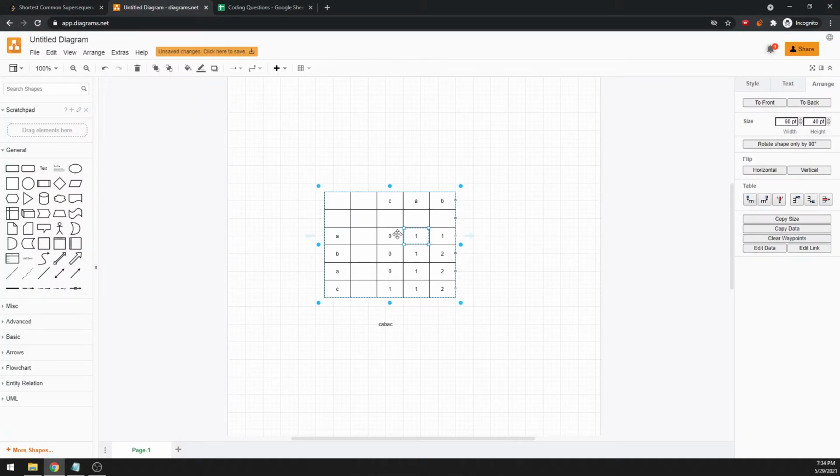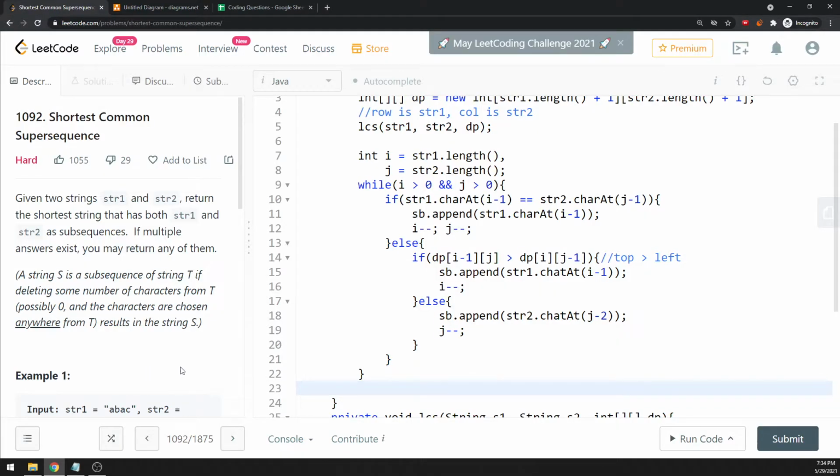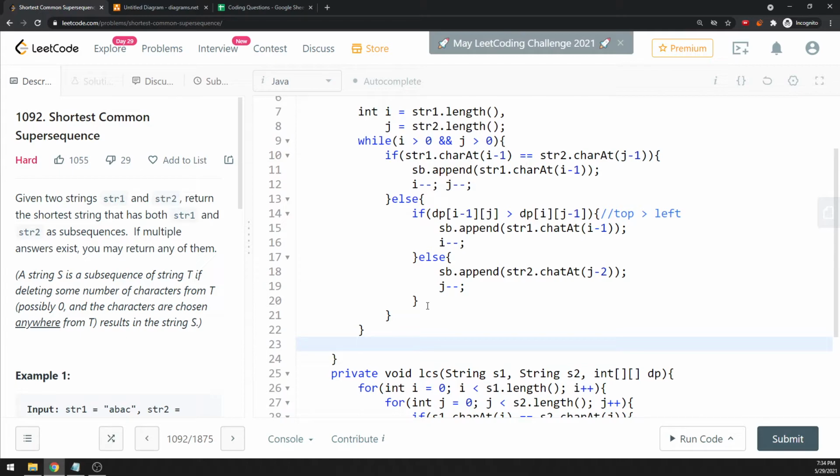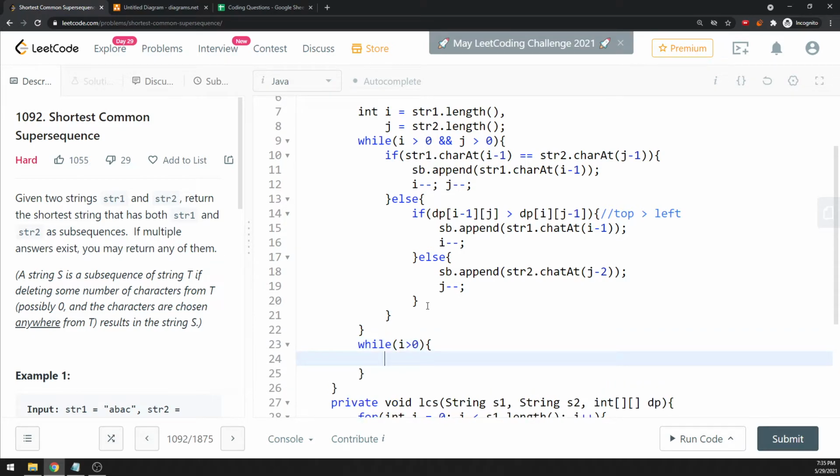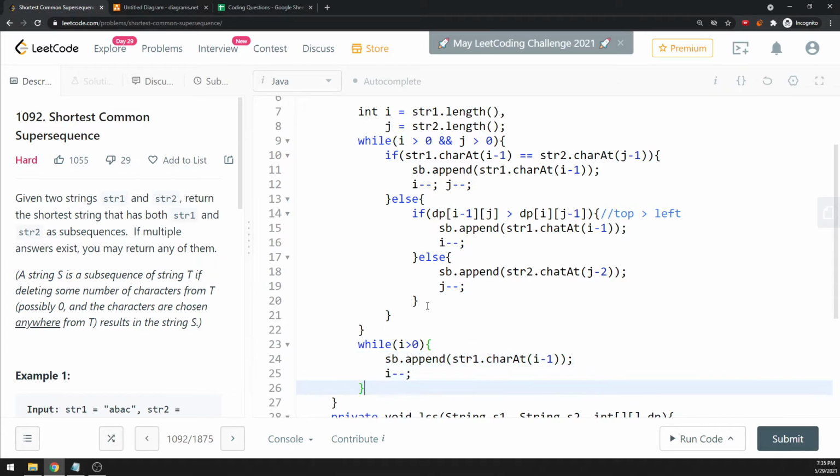So when we are at this position, we still have one character left, so you have to keep adding the remaining. In this case, i becomes 0 but j is not. But we can also have another situation, where i is not 0 and j is. So just keep appending string 1 char at i minus 1 and i minus minus.